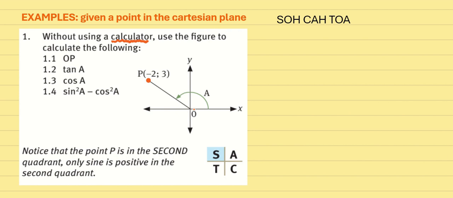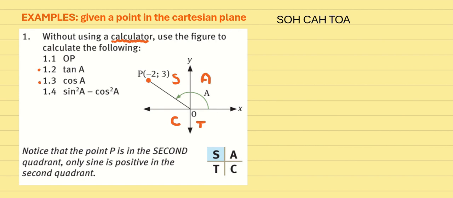So we would go all stations to Cape Town. Okay, so there where our figure is drawn or our line is drawn, only sine will be positive. Tan and cosine are negative, so whatever values we get over here, they need to give us negative answers because cos and tan are not positive in those quadrants, okay?